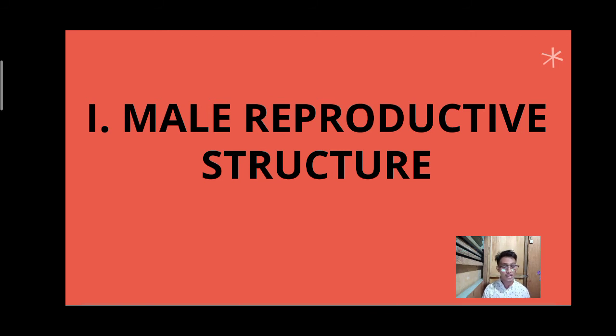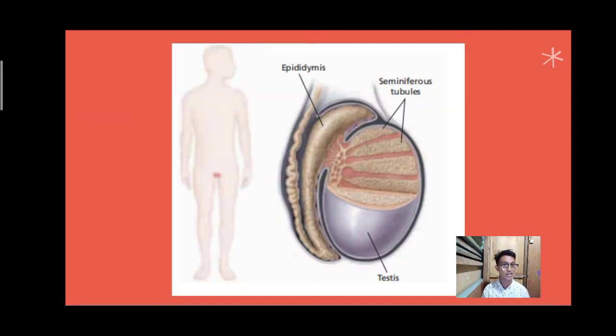The male reproductive system contains two egg-shaped organs called the testes, as you can see in the illustration here, which are enclosed in a scrotal sac, the scrotum.